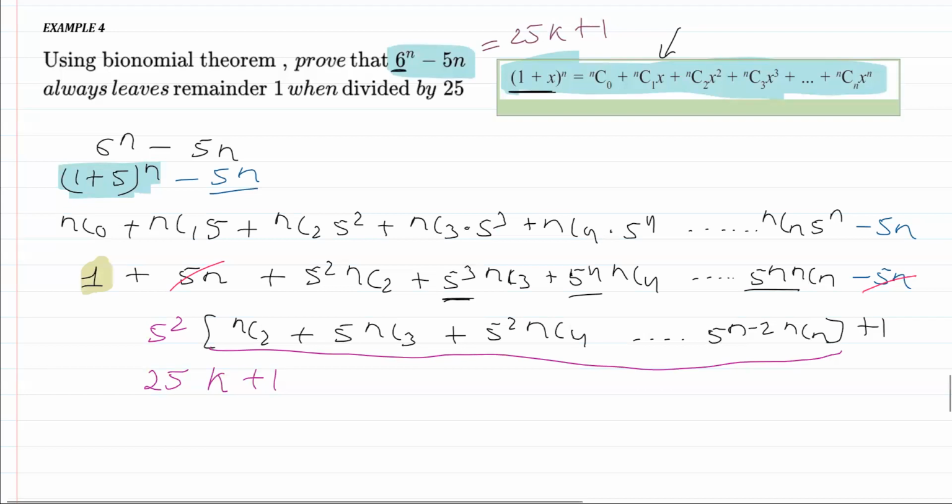So this proves that 6 raised to the power n minus 5n is represented like this, right? So we proved that this expression leaves a remainder 1 when divided by 25.